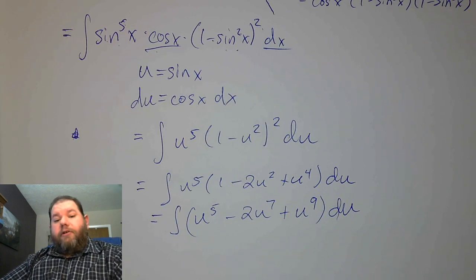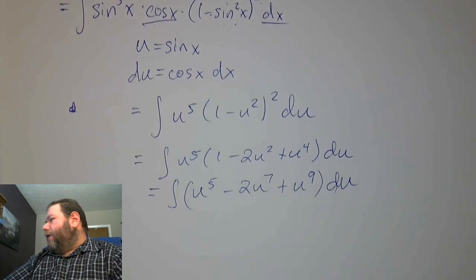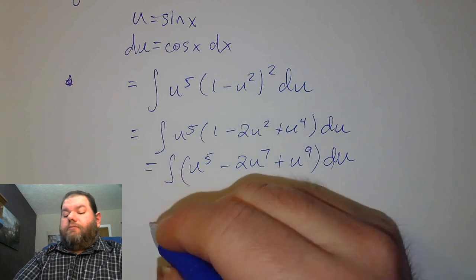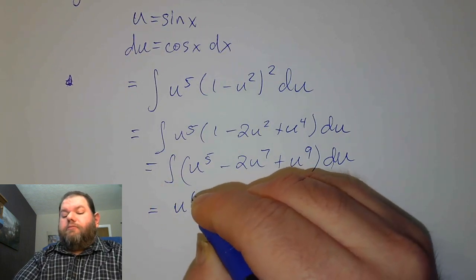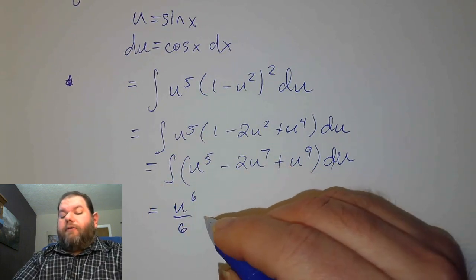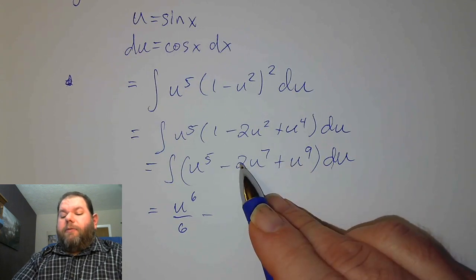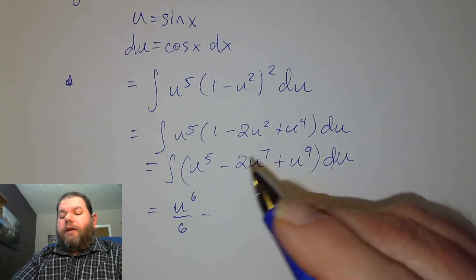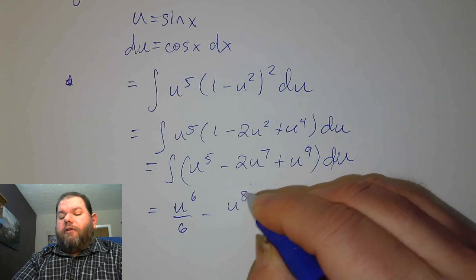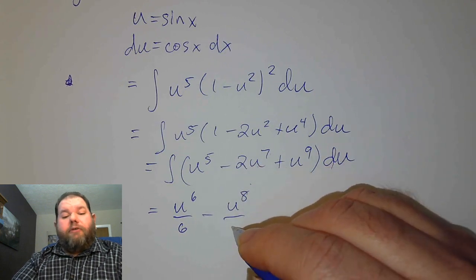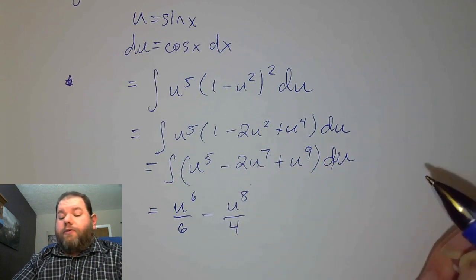Now we can complete our integration, and once we complete that, we'll resubstitute for u equals sine x. So u to the 6th over 6. Now this would be 2u to the 8 over 8. I'm just going to go ahead and take that 2 over the 8 and reduce it to a 4.